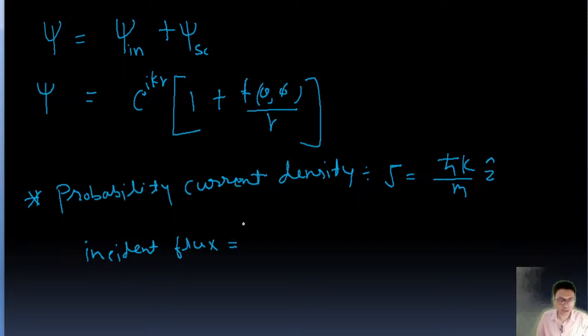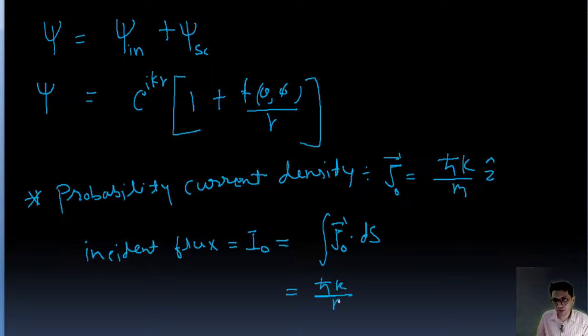I naught is the incident flux, I naught is going to be the integration of J naught dot ds.